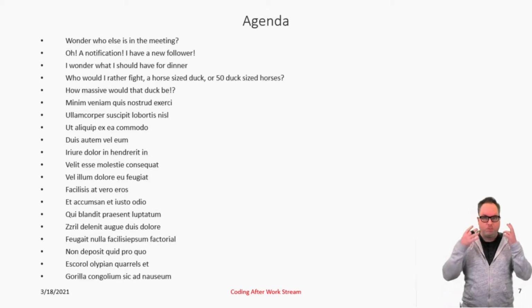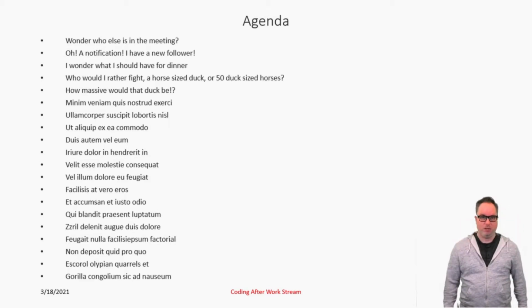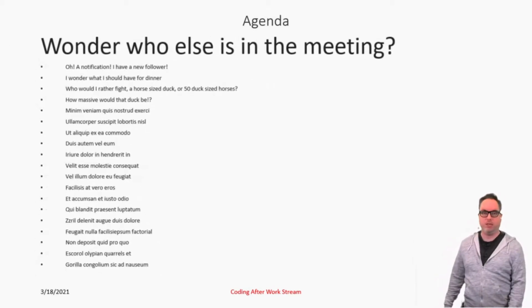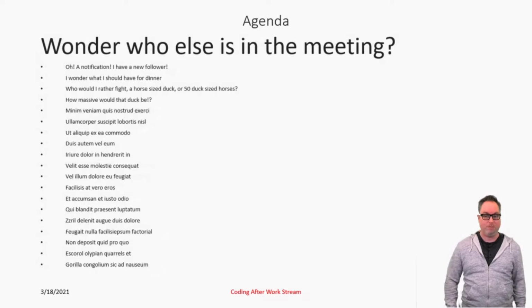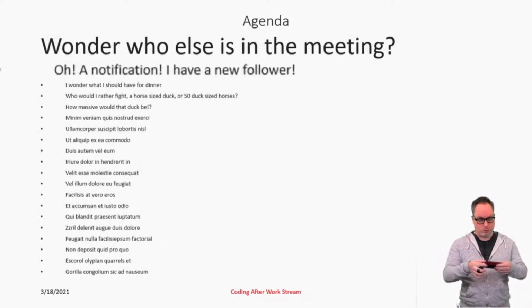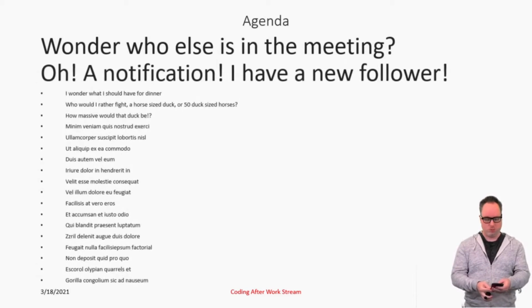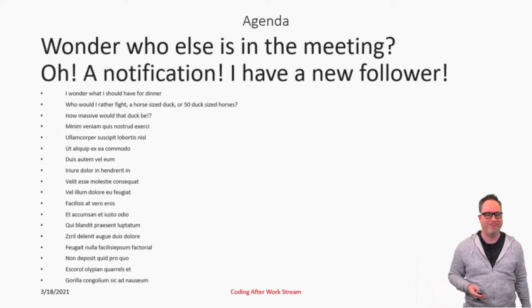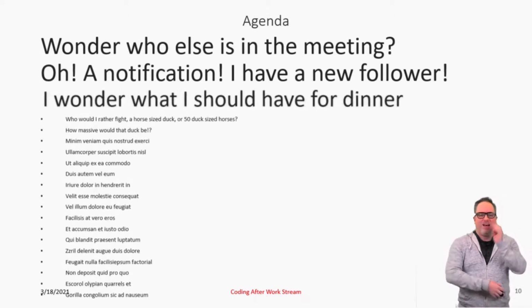I noticed my thoughts starting to wander. Who else is in this meeting? I mean, since it was a mandatory meeting. Ooh, a notification. I wonder who that is. Oh, a new follower. Awesome. I'm hungry.